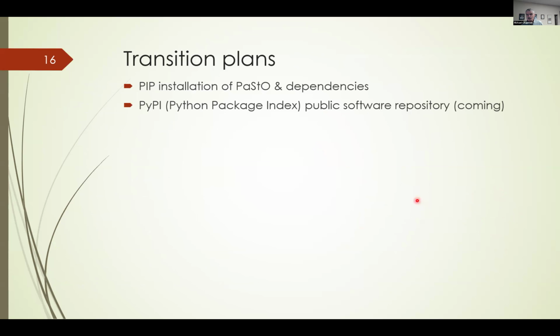So we're in a transition, and I think we're well on the way, but not done yet, with providing a path to pip installation. This is a standard Python way of installing a module and all of its dependencies. In this mode, our module would be available from a public software repository.